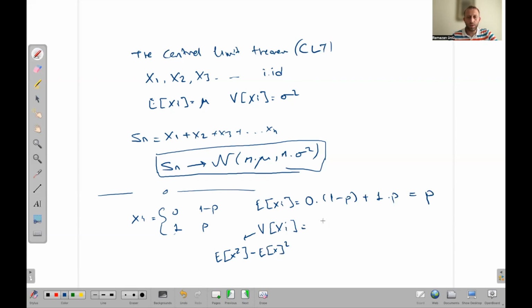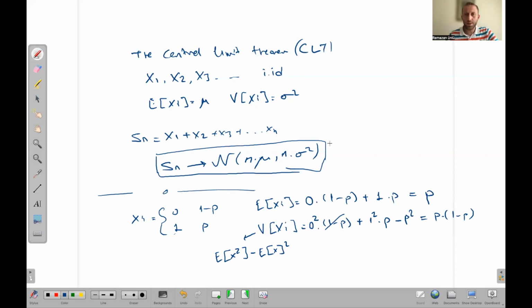So that will be 0 squared times 1 minus p, plus 1 squared times p, minus p squared. This is 0, so it will be p times 1 minus p. Okay? So the variance of that x is p times 1 minus p.